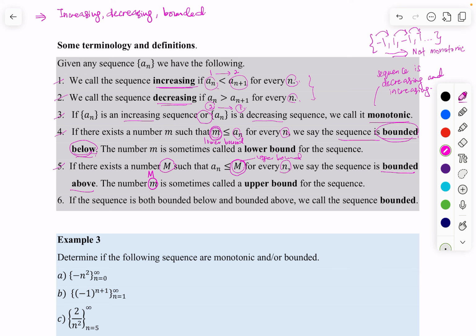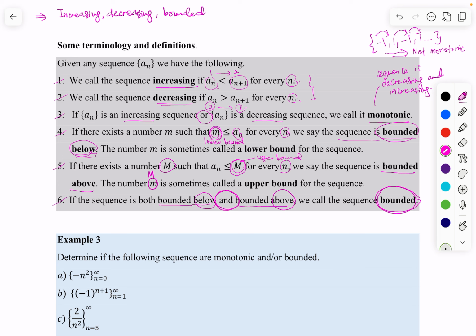Okay, the last one, this is important. If the sequence is both bounded below and bounded above, then we call the sequence bounded. Notice that it is "and", not "or". For the sequence to be bounded, it needs to be both bounded below and bounded above.